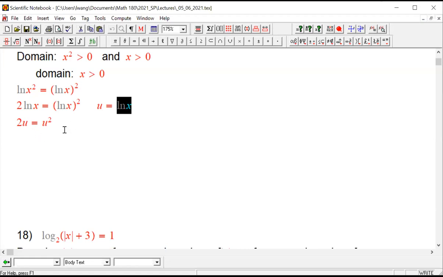If you cross them out, you're using principle number 4, right? Do you guys follow me? Principle number 4 says if A is the same as B, then A times C is B times C, where C cannot be 0.